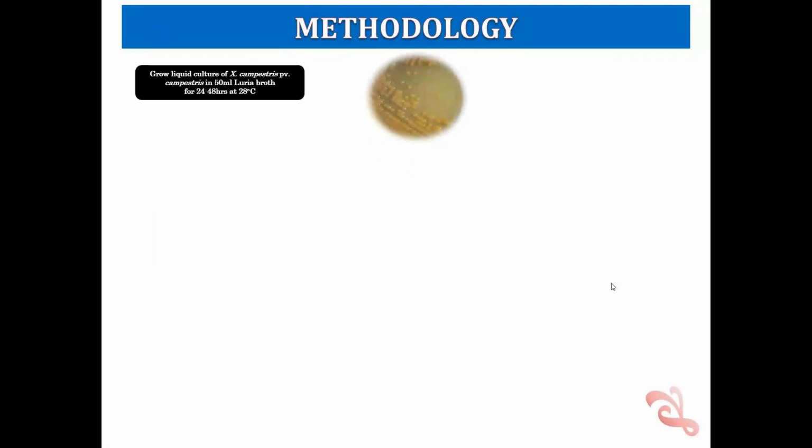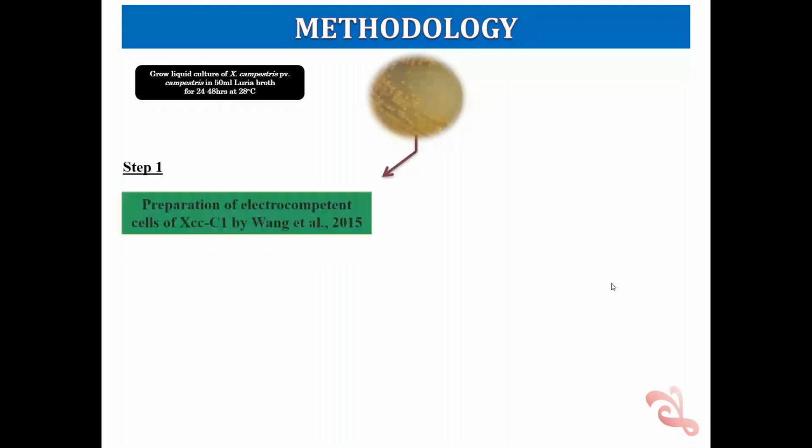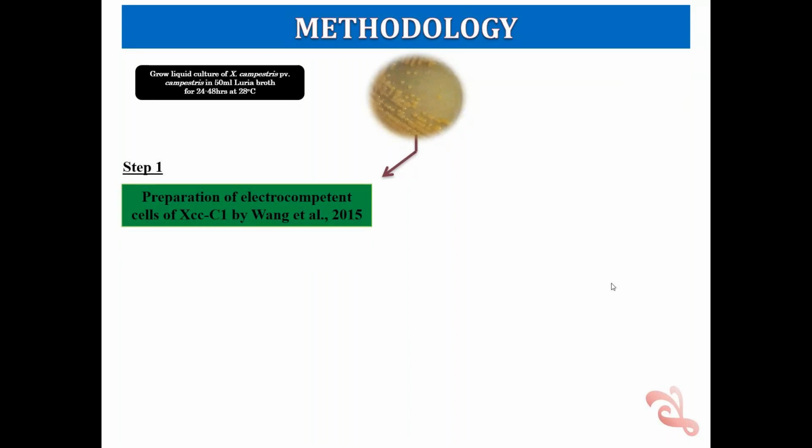The methodology started with the inoculation of a single colony of Xanthomonas campestris pv. campestris in 50 ml broth, grown at 28 degrees centigrade for 24 to 48 hours to obtain an optimum OD, and then preparing the electrocompetent cells. The method of this study has been divided into two steps.